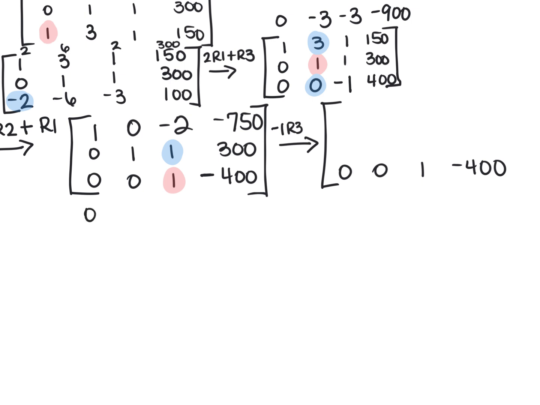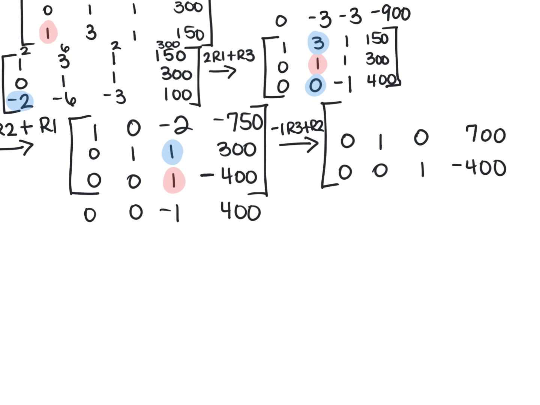So that's 0, 0, -1, positive 400. And we're going to add that to row 2. So row 2 is going to be the one changing this time. So I have 0 plus 0 is 0. 0 plus 1 is still 1. -1 plus 1 now becomes 0. And I have 400 plus 300 is going to give me 700.